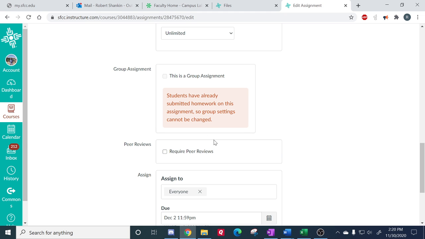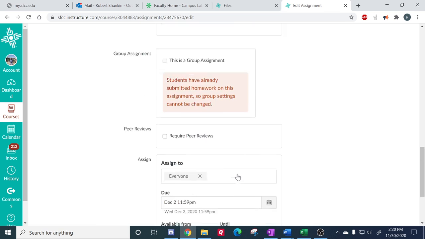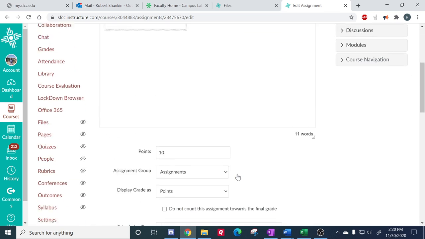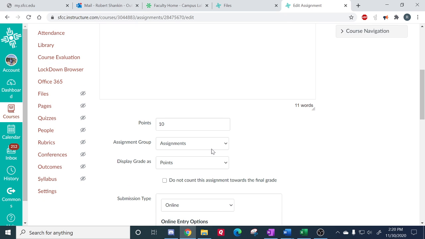Oh, it's already somebody's turned in something, so it's not letting me do that. Oh, no wonder. So what I'm going to do is I'm going to change it so that it's worth 0 points. So you can just ignore it. Okay. All right. I can't unpublish it.